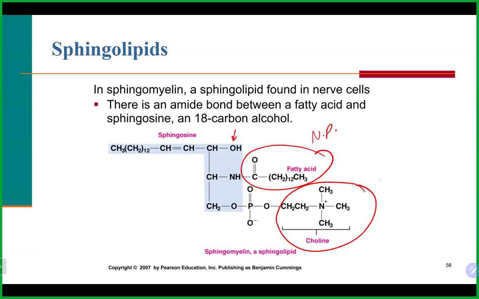That would be our polar part, which is our amino alcohol. And it still has the phosphate group that binds both of these together. This one, for example, is found in nerve cells, and it has an amide bond. And we remember our amide bond, right? Our nitrogen right there, our carbon oxygen to our nitrogen, from an amine and a carboxylic acid coming together.